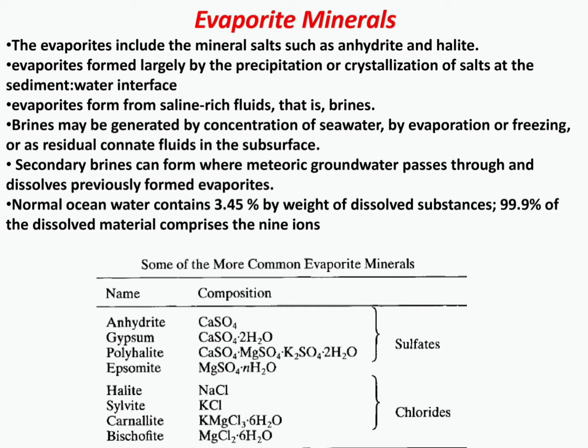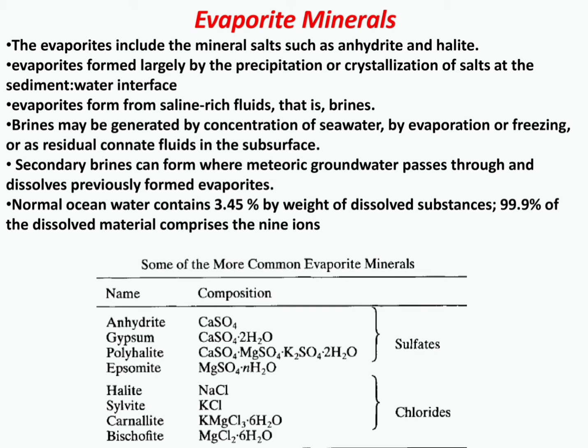Now, normal ocean water contains 3.45% by weight of dissolved substances. If you have 1 kg of water, 3.45% of it is dissolved constituents, and 99.9% of the dissolved matter comprises the major 9 ions.